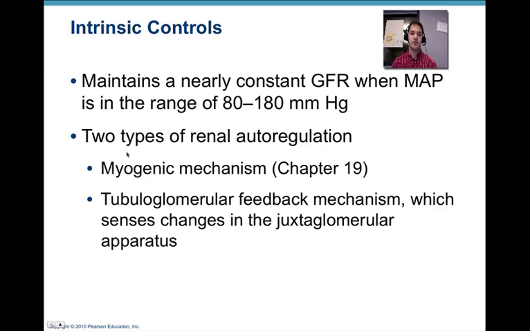And we have two types of renal autoregulation or intrinsic control of glomerular filtration in the kidney. And that's the myogenic mechanism and the tubuloglomerular feedback mechanism, which senses changes in the juxtaglomerular apparatus.